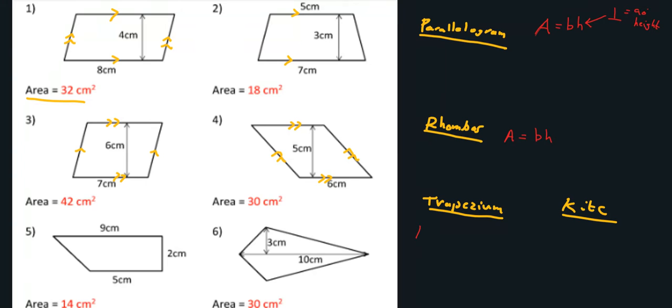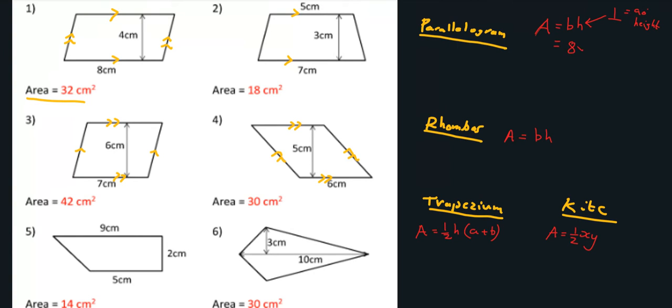The trapezium is half height, and the sum of the parallel sides. And my personal favourite, the kite, is half multiplied by the diagonal lengths.